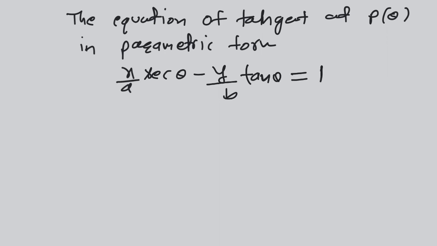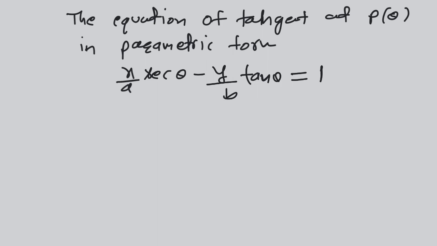You can also find the equation of the tangent using the method T equals 0. So using T equals 0, the equation of the tangent will be x1 upon a square minus y1 upon b square equals 1, and in place of x1 you can replace a sec theta, and in place of y1 you can replace b tan theta. After that we will get the equation of the tangent, x by a sec theta minus y by b tan theta equals 1.